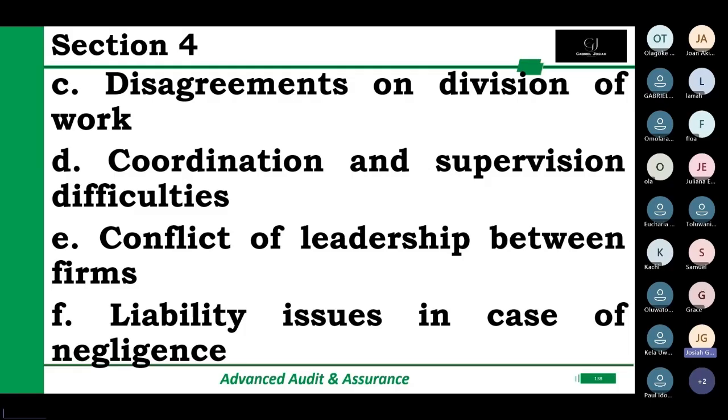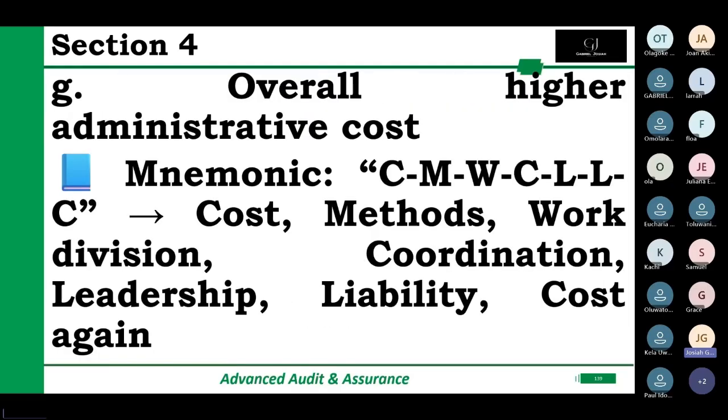Of course, both of them are liable, so they will have to share the liability. Generally, overall higher administrative costs on joint audits. So generally, these are some of the disadvantages of joint audits: the cost, the methods, the work division, coordination, leadership, liability, and admin costs.